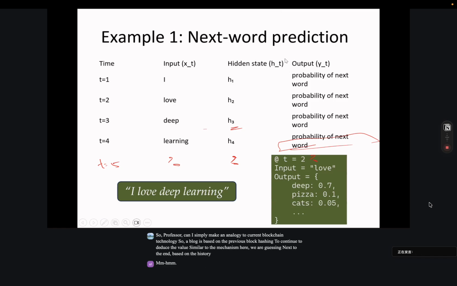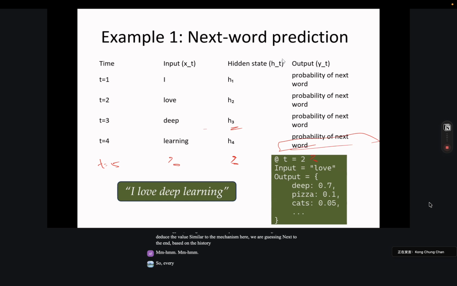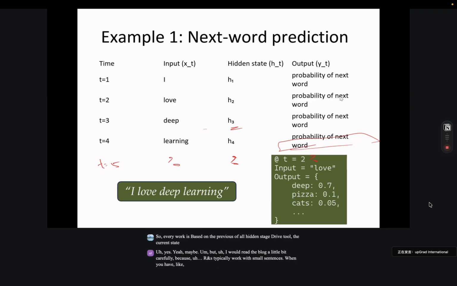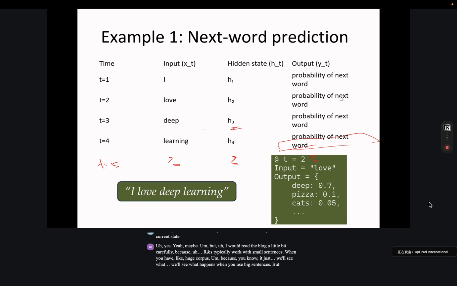Every word is based on the previous of all hidden states driving to the current state. Yes, really. But I would treat the blockchain analogy a little bit carefully, because RNNs typically work with small sentences. We'll see what happens when you use big sentences on a huge corpus.